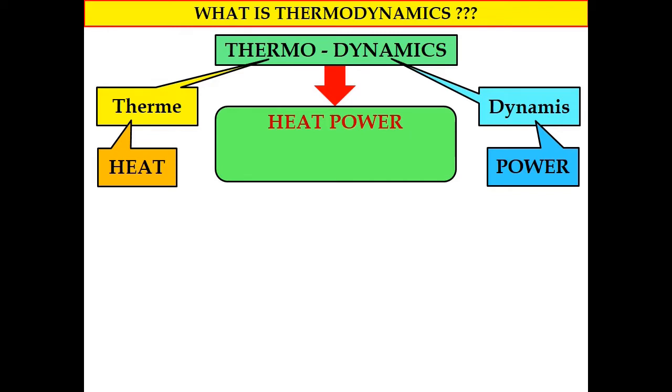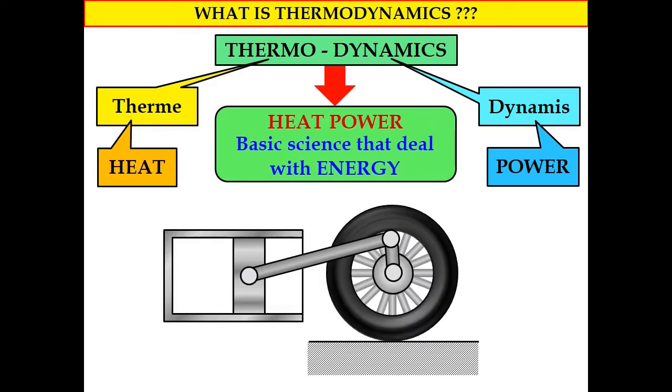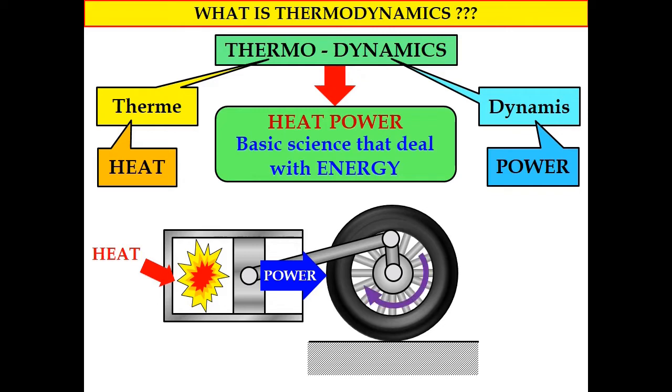In terms of definition, thermodynamics is a basic science that deals with energy. For example, we have here in the figure a piston cylinder device linked with a tire. When we supply heat to the cylinder, the piston will move, and the movement of the piston will produce power, and this work or energy will rotate the tire, and this system will move forward.